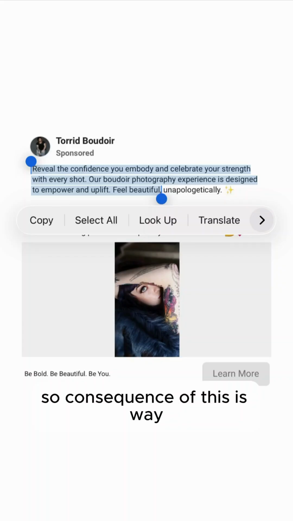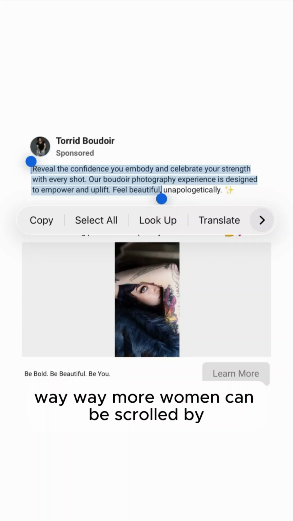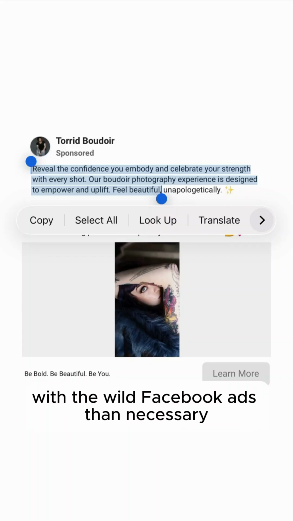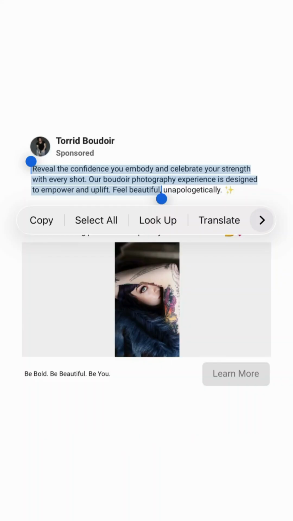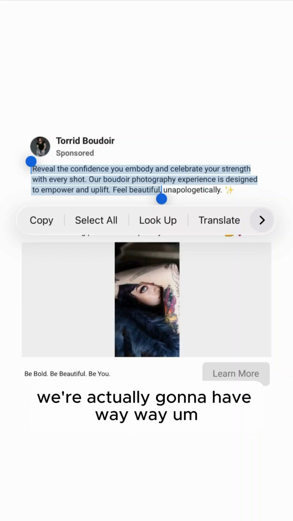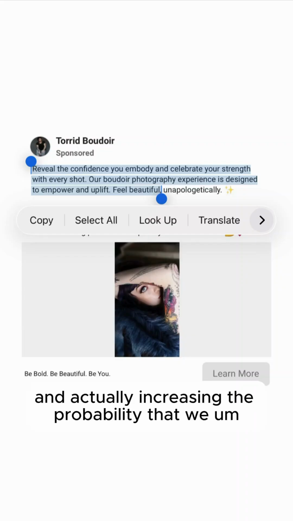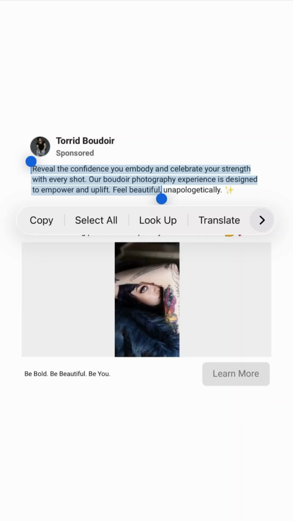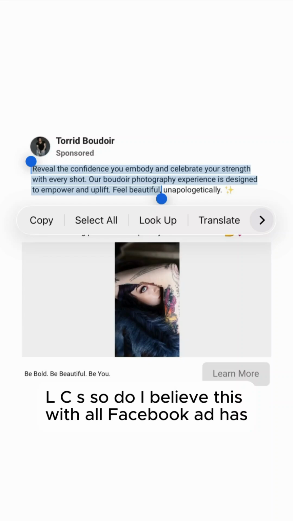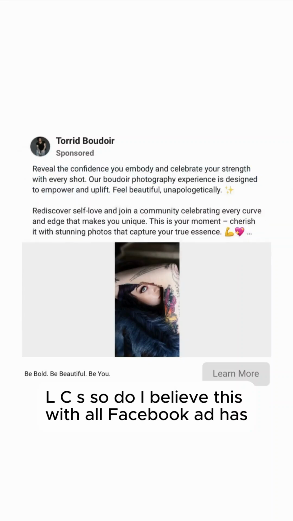So the consequence of this is way more women will be scrolling by our Facebook ads than necessary, and as a result it's going to pull our unique CTRL under 6% and increase the probability that we have BLCS.